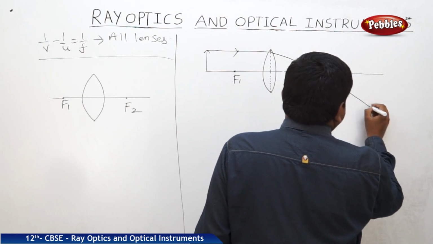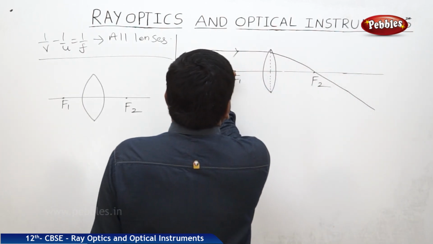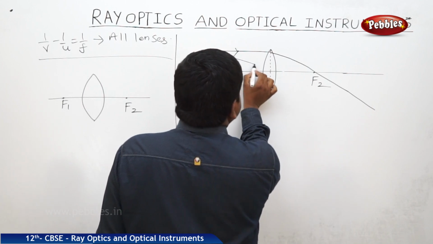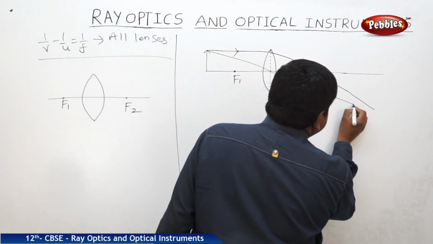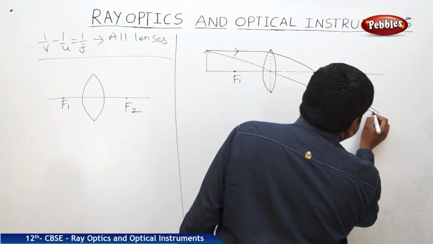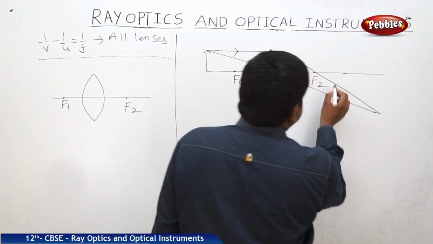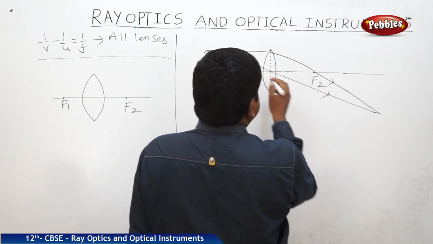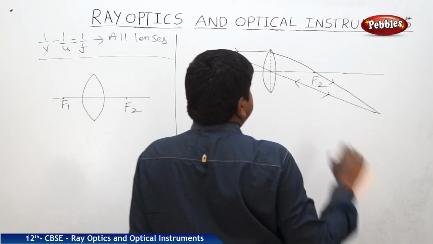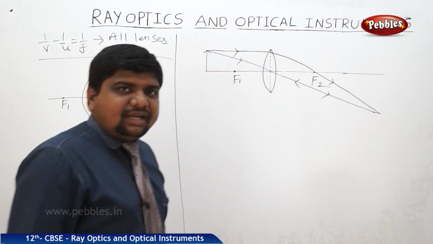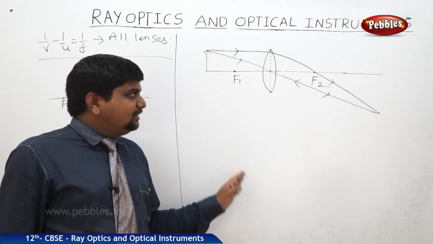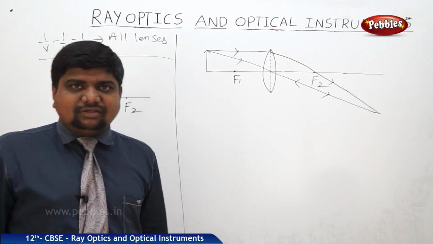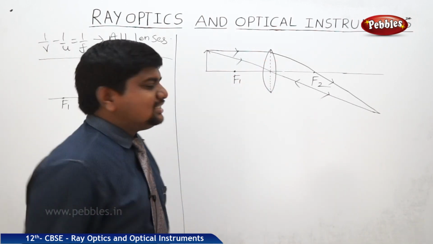So we will try to continue this. Like this, it is undeviated. Like the center of curvature in the mirror, if a light ray passes through the center of curvature, it is undeviated and passes straight through C. Like this, here also the optical center behaves the same.